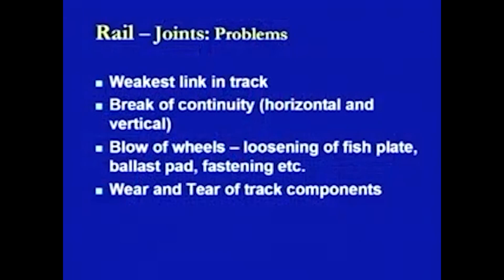Then there is another aspect, the wear and tear of track components. Because, as we have seen, there is a break of continuity and this results in impacts or blows coming to the rail section from the top, that is the moving loads, it finally results in wearing of the surfaces.